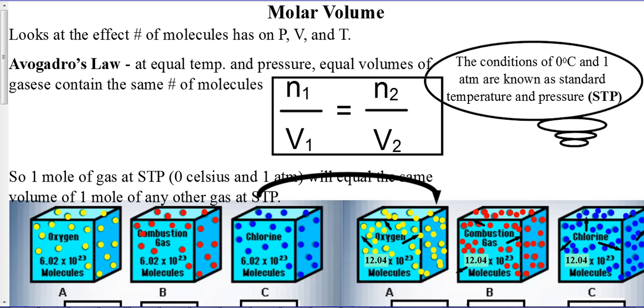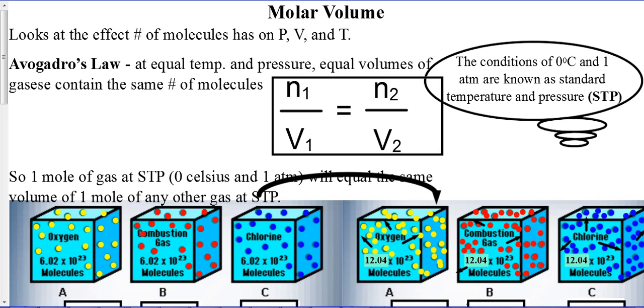This will help to calculate some of the other variables like volume and moles that we would want to study. In Avogadro's law, it says at equal temperature and pressure. Usually we come up with a specific temperature and a specific pressure, and it makes it really easy to compare one experiment to another if we are talking about the same temperature and pressure.